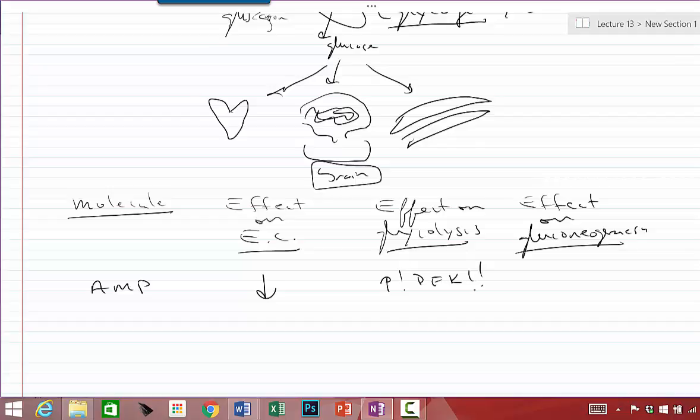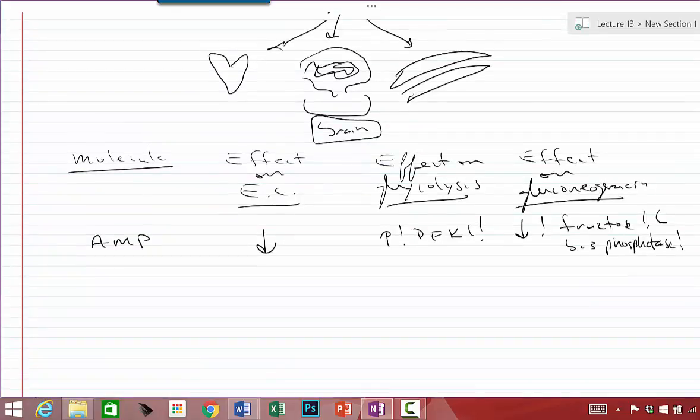So it's going to increase that activity. Therefore, you're going to have more flux, metabolic flux, through glycolysis. Also, it's going to decrease fructose 1,6-bisphosphatase. So it's going to decrease that. This enzyme is found in gluconeogenesis, and it's bypass 3.